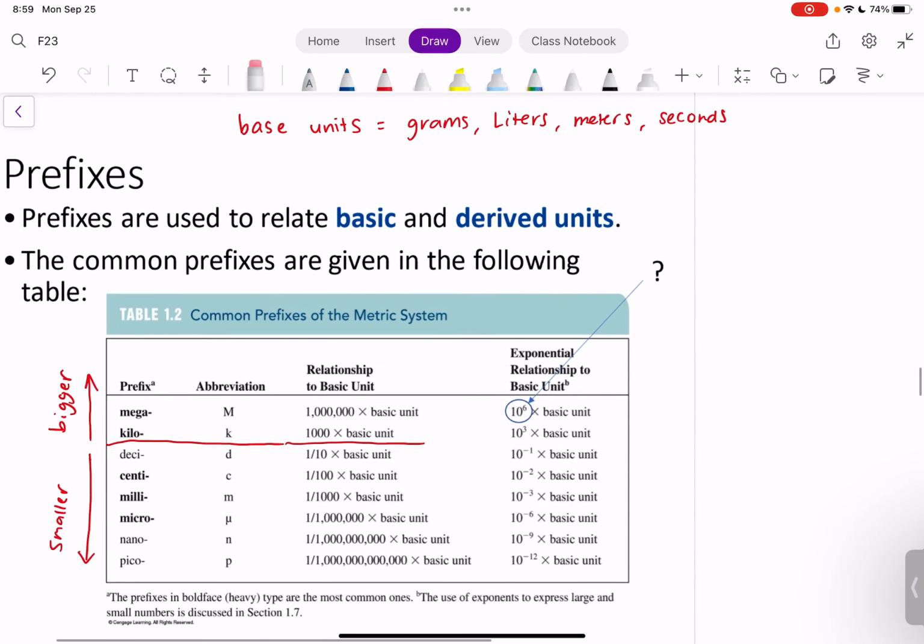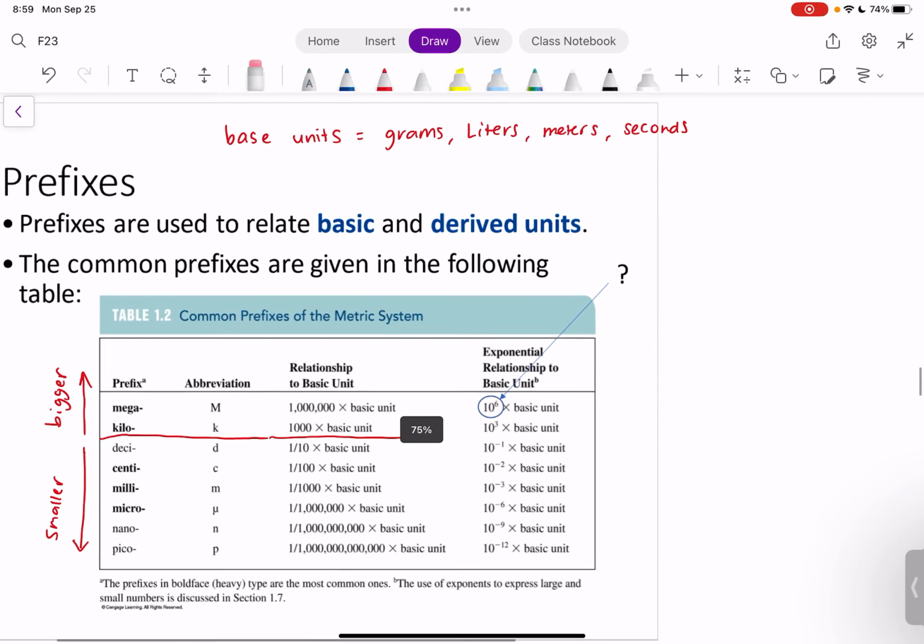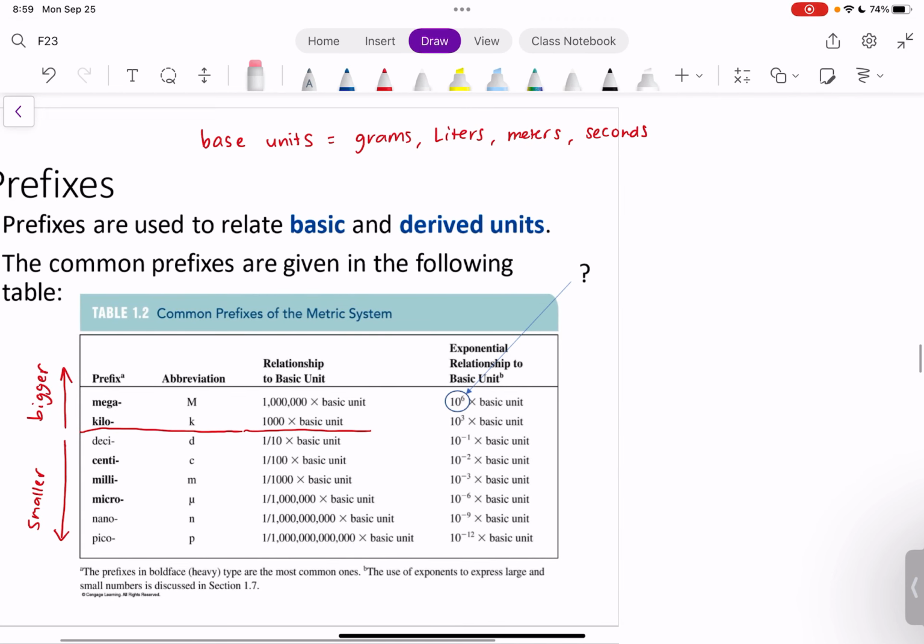I know it's kind of confusing, so let's take an example. Say I wanted to convert 5 grams to kilograms, because I'm trying to use SI units for mass, which is the kilogram, and I measured everything in lab in grams.